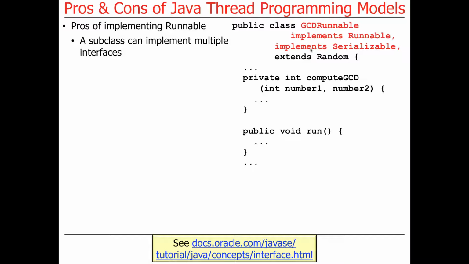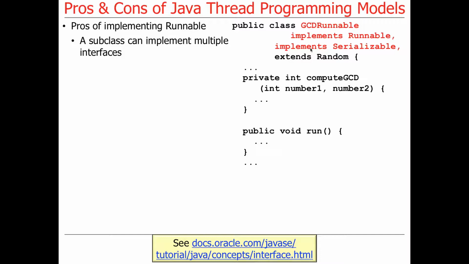So one of the pros, therefore, of implementing a Runnable is that a subclass can implement multiple interfaces. So unlike extension, where you can only have one superclass, you can implement multiple interfaces. We don't actually do this, but we could. We could implement Runnable, which we do. We could implement Serializable, which we don't, but we could.